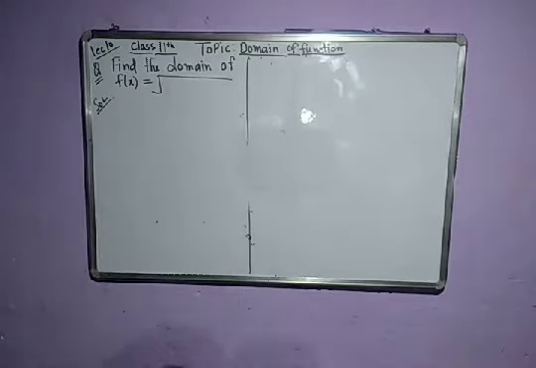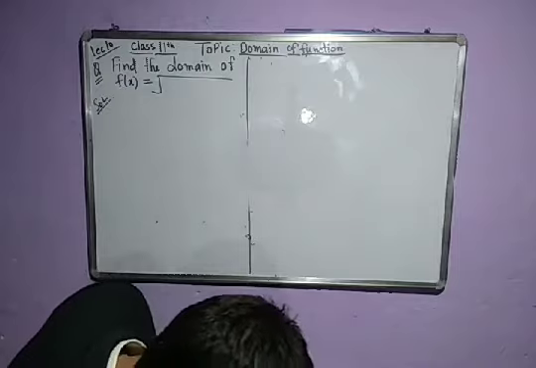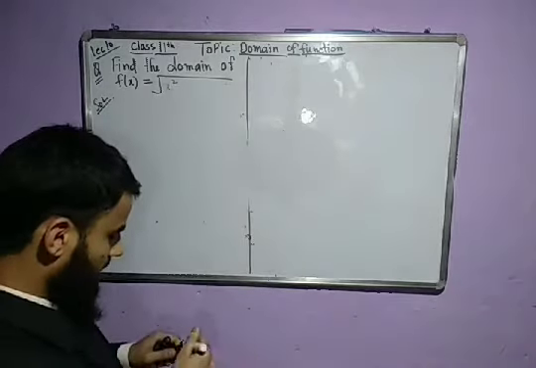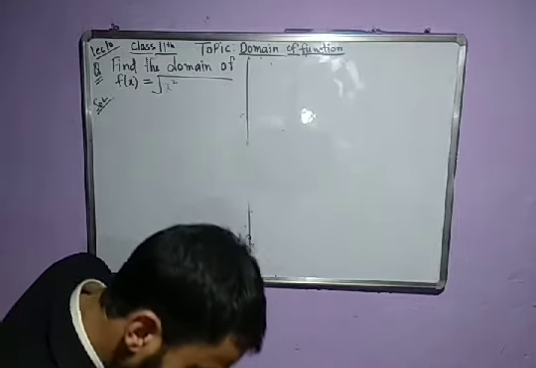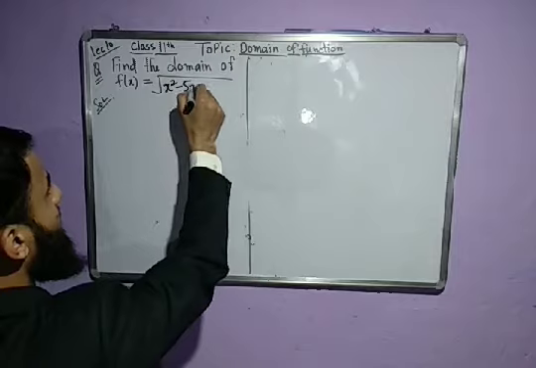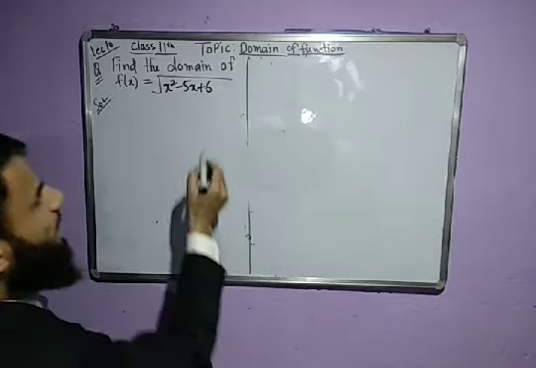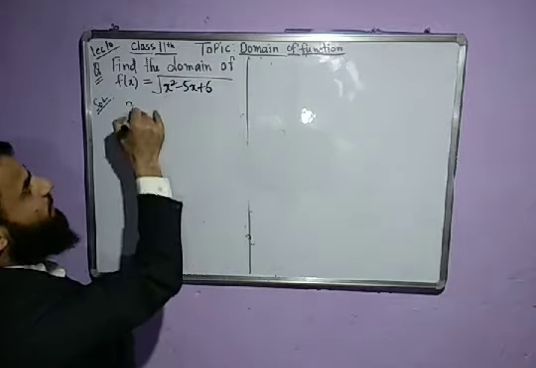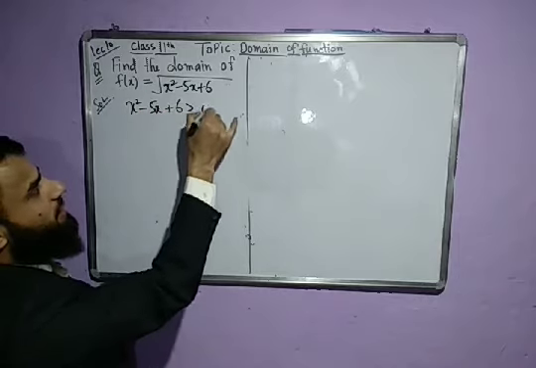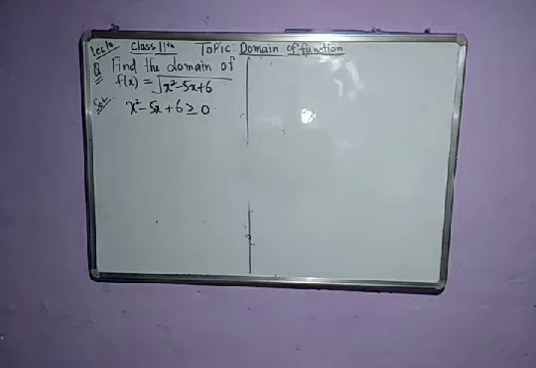Now next question is that under root of x square minus 5x plus 6. X square minus 5x plus 6. I know for this function to be defined, my x square minus 5x plus 6 should be greater or equal to 0.